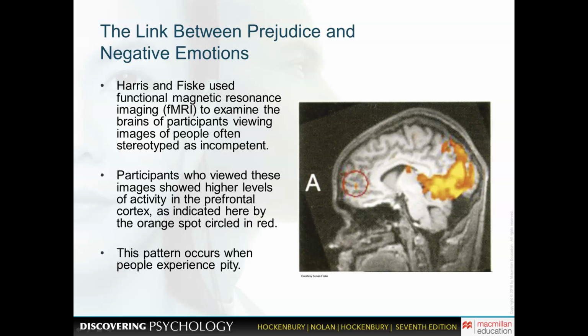Okay, so take a look a little bit at prejudice and negative emotions, and we want to look at that from the neuroscientific perspective. This right here is a functional MRI, fMRI, examining the brains of participants viewing images of people often stereotyped as being incompetent.